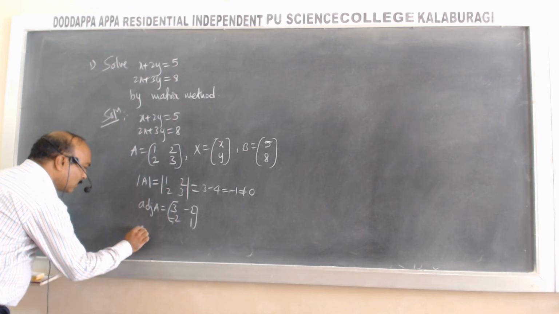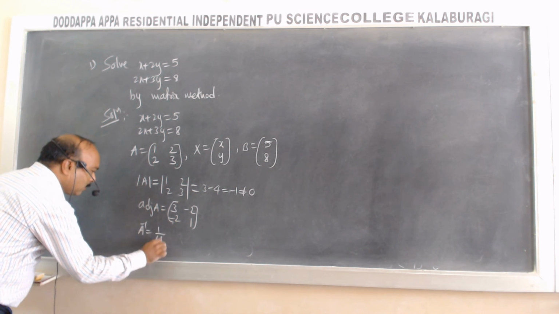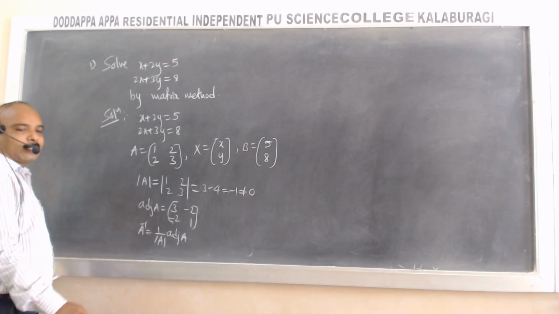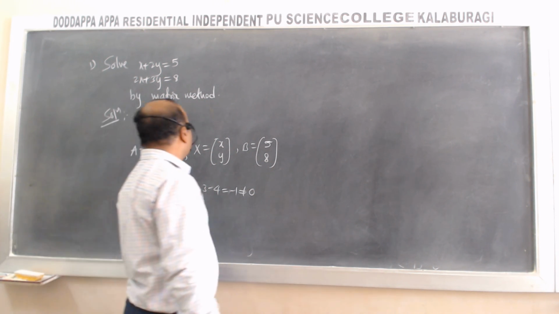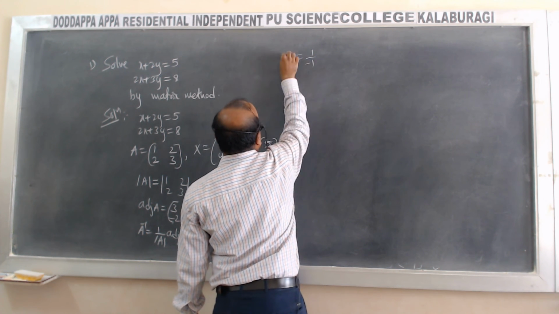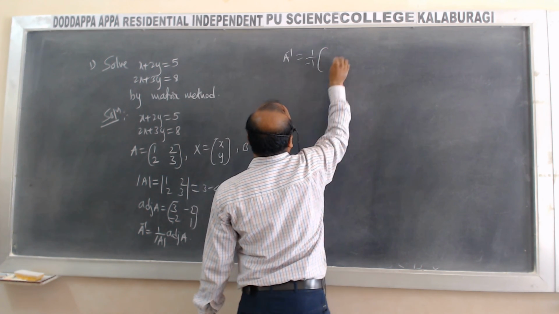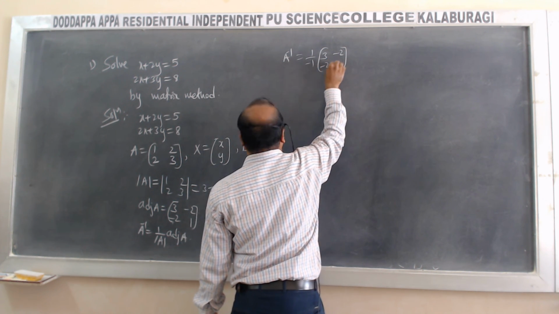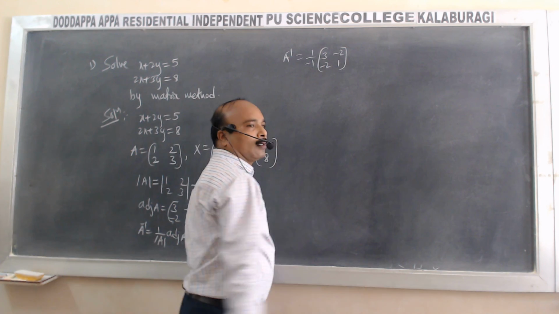Then we go for the inverse of the matrix. Inverse is given by 1 by determinant of A into adjoint of A. Substituting the values, we get 1 by minus 1 into the adjoint of A, which is 3, minus 2, minus 2, 1.